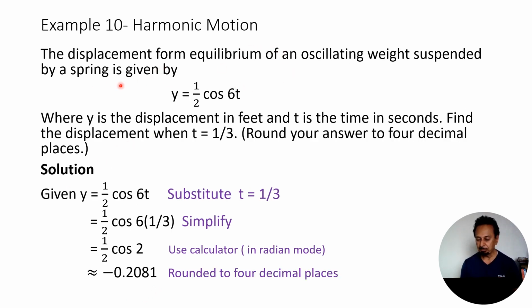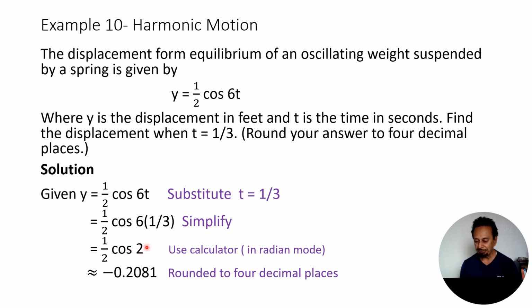Okay, example 10. The displacement from equilibrium of an oscillating weight suspended by a spring is given by y equals 1 over 2 cosine 6t. Again, y is the displacement, t is the time in seconds. This time t is 1/3. So again, we start with y equals 1/2 cosine 6t, and we substitute t equal to 1/3. We simplify, which gives cosine 2.